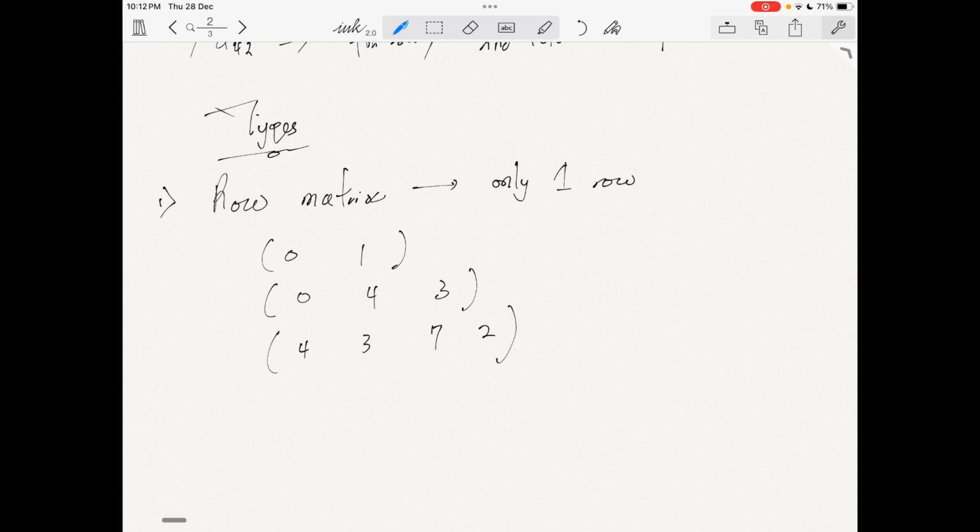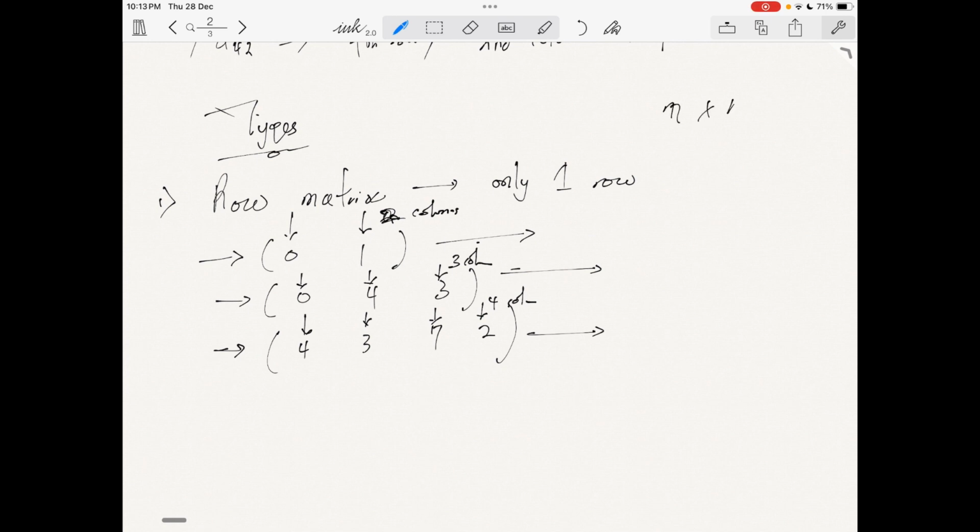So the order of this matrix is, we can see that it has one row and two columns here. And this one has one row also, and it has three columns. Two columns, three columns, and this one has four columns. Now we always write the order of matrix to be m by n, where m is the row and n is the column.